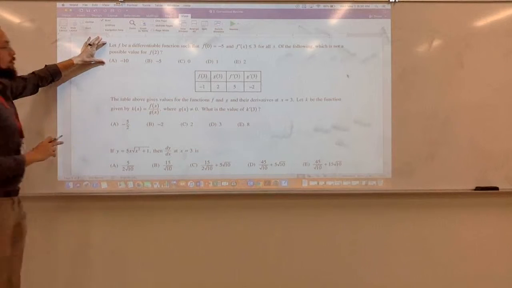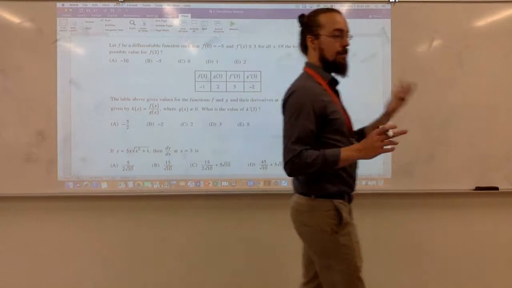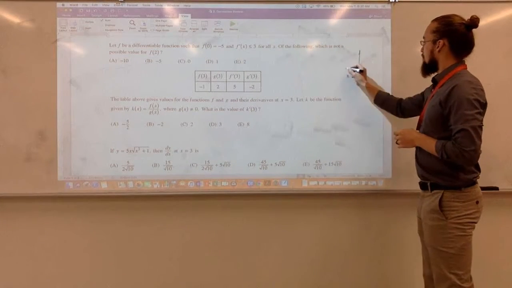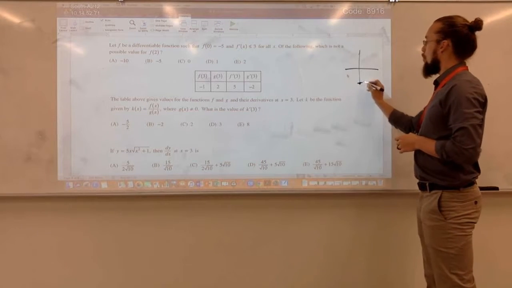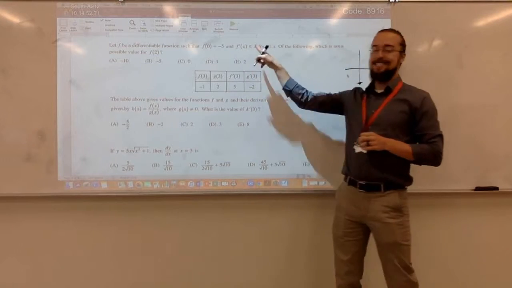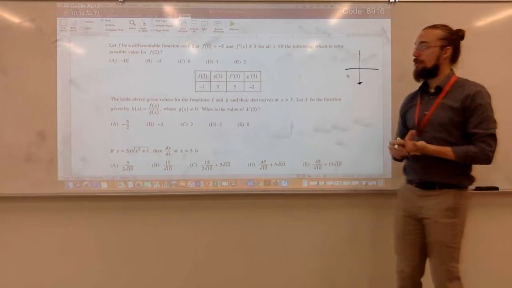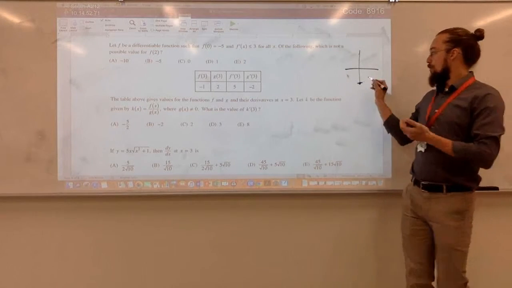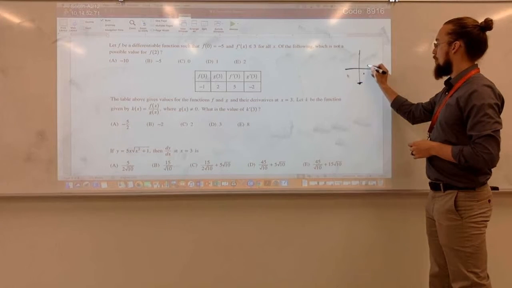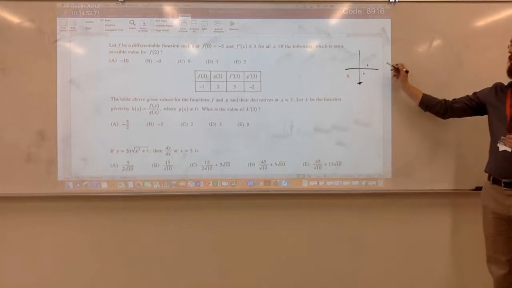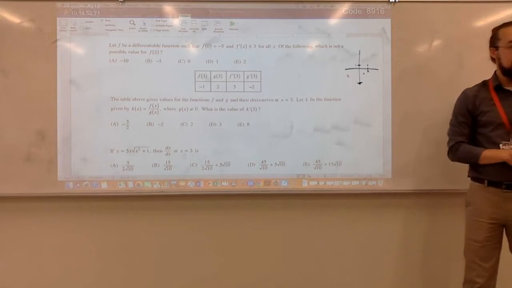Okay. So, this one right here, we're told that the point (0, -5) is on the graph, right? So we're at (0, -5) right here. And we are told that the slope is less than or equal to 3 everywhere. So the maximum the slope could be is 3. If I go up 3 over 1, up 3 over 1, the highest point that I could possibly be at x equals 2 is 1.